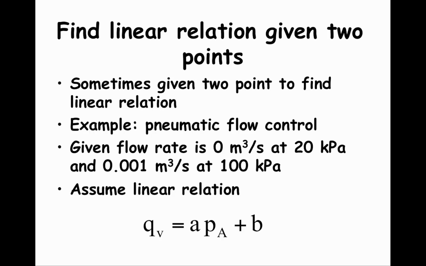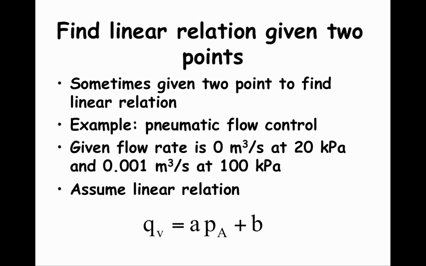Sometimes you will be given two data points and need to find the linear relation. The two points can be used to write two equations with two unknowns, A, the slope, and B, the zero-intercept. In this example, we are given that the flow is 0 cubic meters per second if the pneumatic control signal is 20 kPa, and the flow is 0.001 cubic meters per second when the pneumatic control signal is 100 kPa.